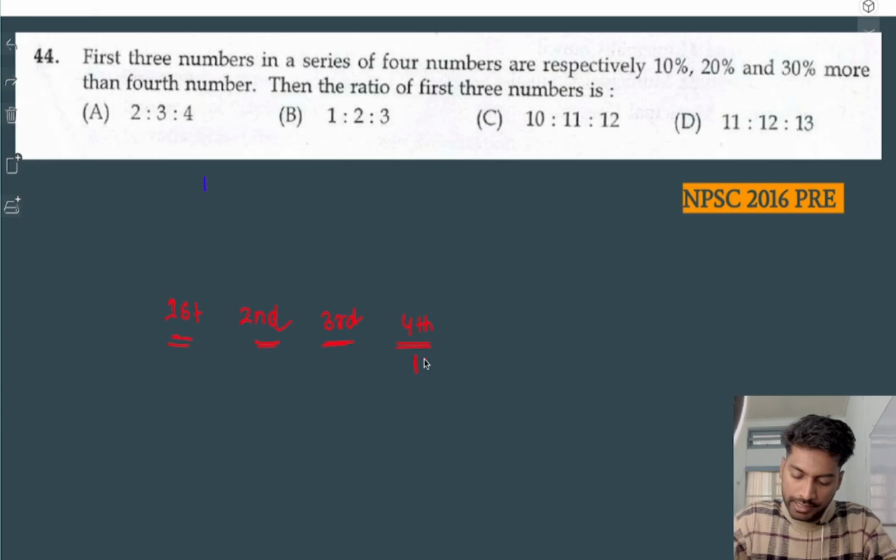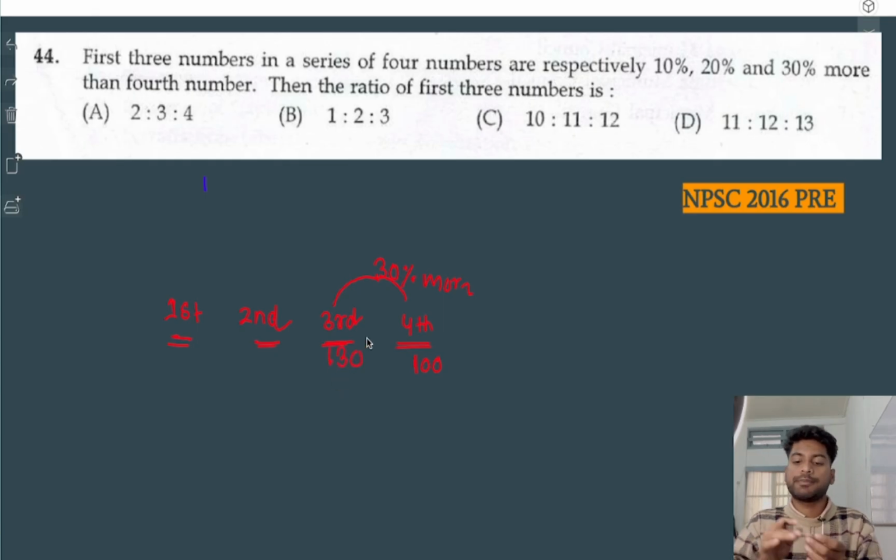Definitely the third number will be 30% more than the fourth number. 30% more means what? It will be 130. If we are comparing from 100, 30% more means 130.